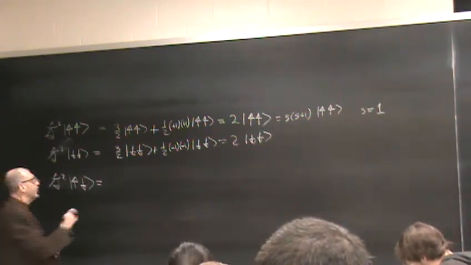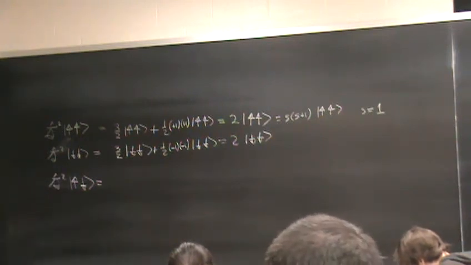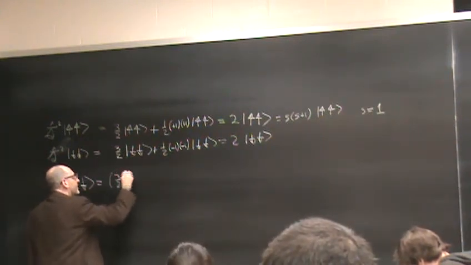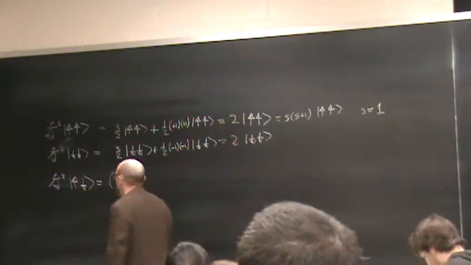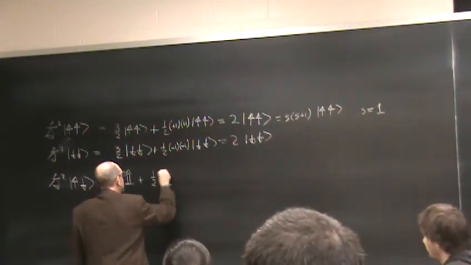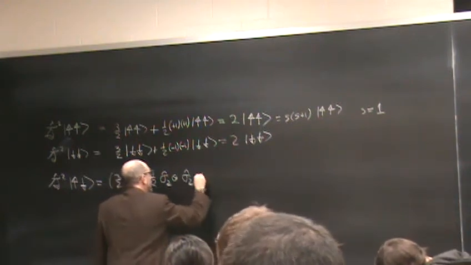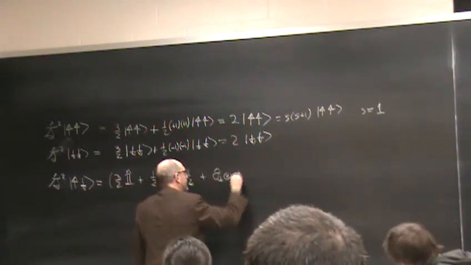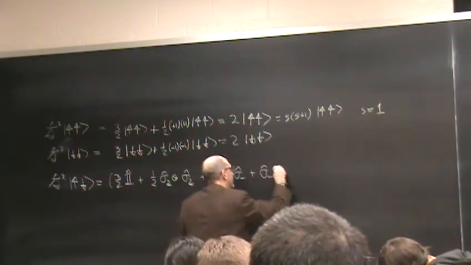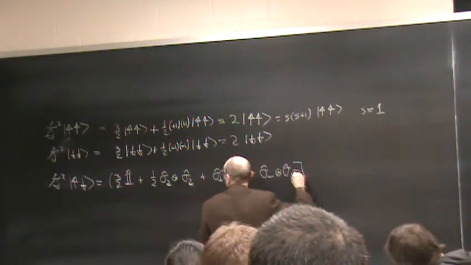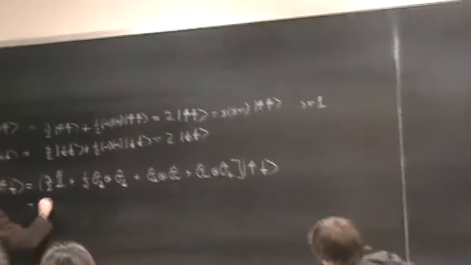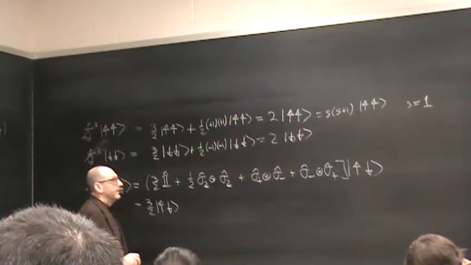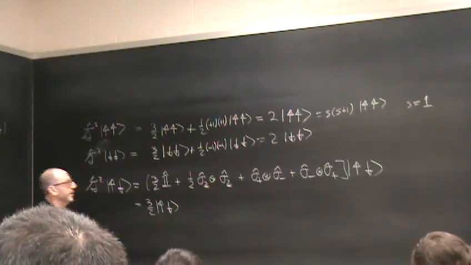Okay. So let's write it all out. This is 3/2 the identity plus 1/2 sigma z tensor sigma z plus sigma plus tensor sigma minus plus sigma minus tensor sigma plus, all acting on up down. Right? So that's equal to 3/2 up down. What's the next piece?